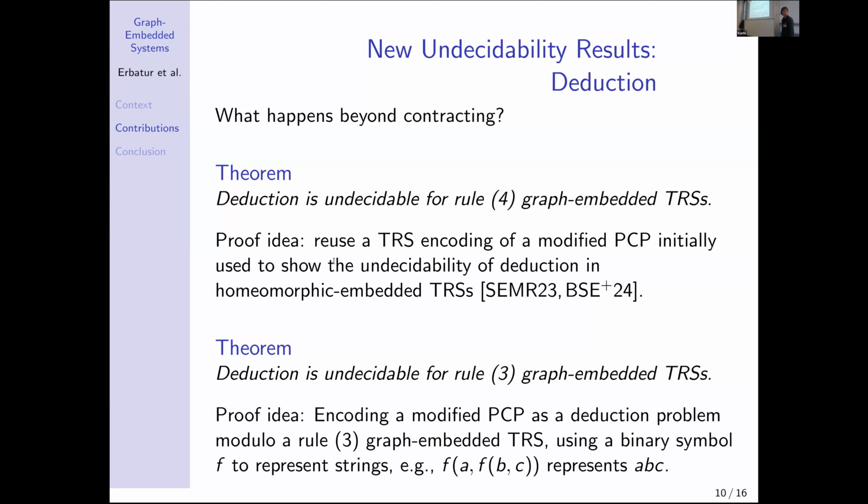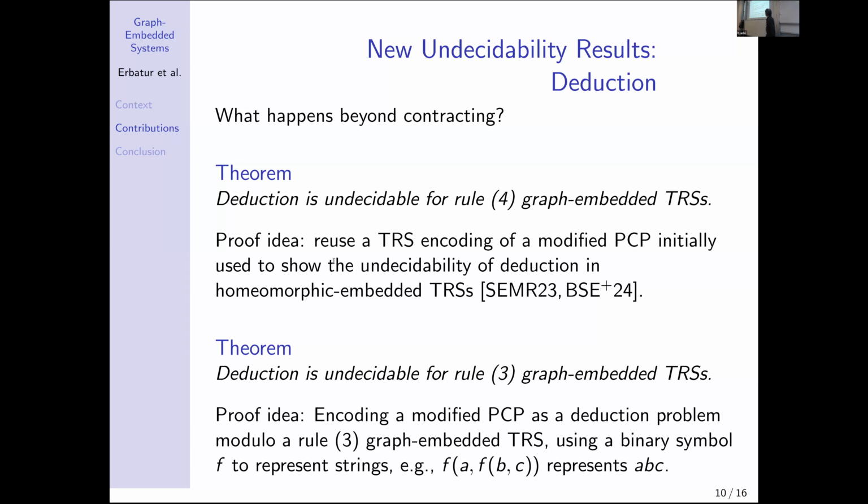And we have shown also two complementary results. The first result is about what happens when we apply just rule 4, for graph-embedded term-rewrite systems.